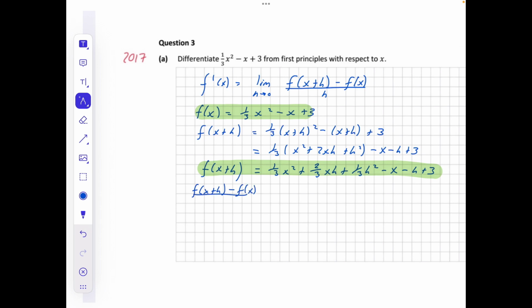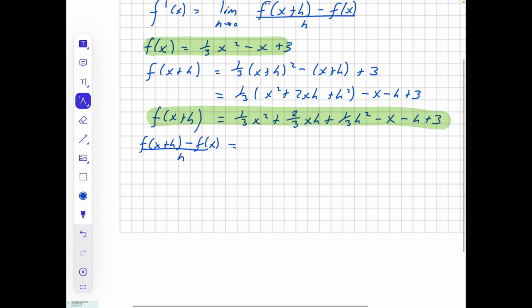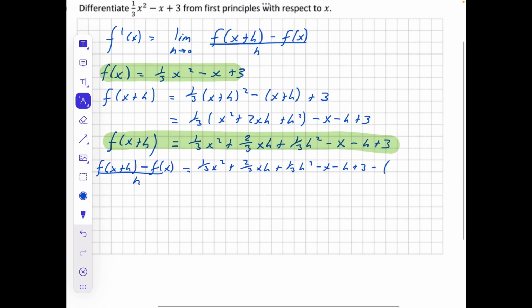Now we're going to put those together into our formula. So we're going to do f of x plus h minus f of x divided by h, which is, okay, so nice and carefully, so it's 1/3 x squared plus 2/3 xh plus 1/3 h squared minus x minus h plus 3. And we're going to subtract f of x, which is 1/3 x squared minus x plus 3.